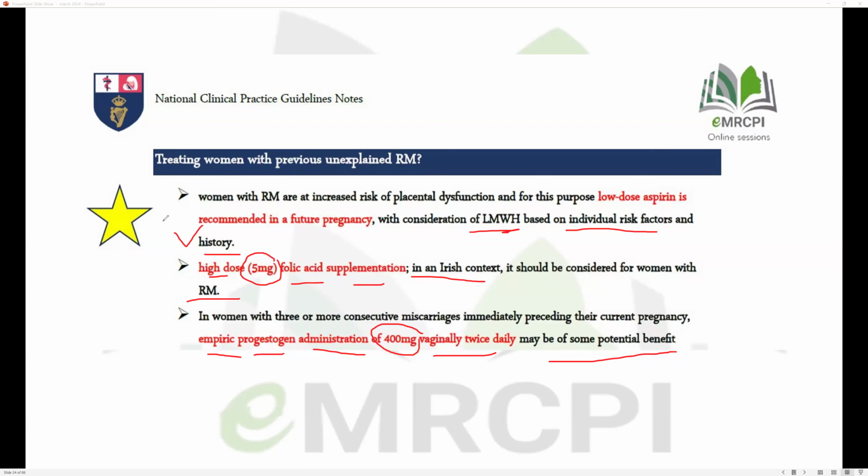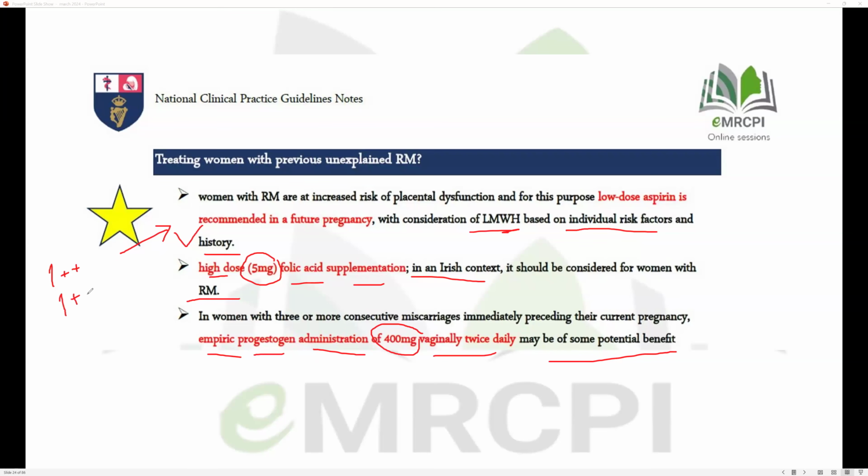So the recommendation starts from recommend. Which one is recommended? For recommend, I will give 1 plus plus. Which one would you recommend for unexplained recurrent miscarriage according to the Irish guideline? Aspirin. Yes, well done, low dose aspirin. Which one will you consider?